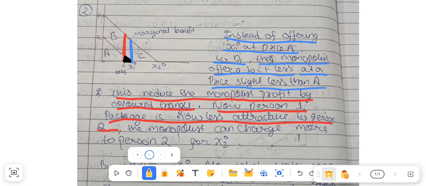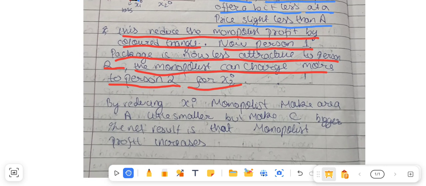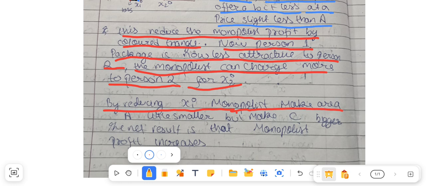Now the monopolist can charge more to person 2, which is the high demand group, for the extra commodity x2. By reducing the x1 amount of good, the monopolist makes area A a little smaller.